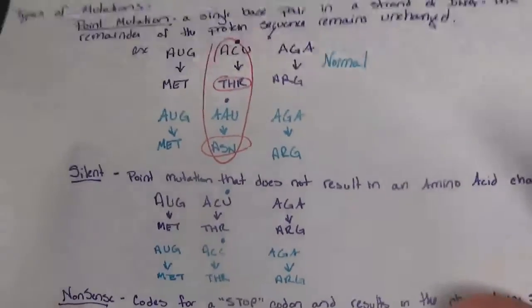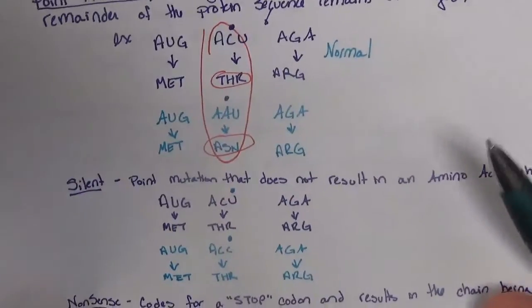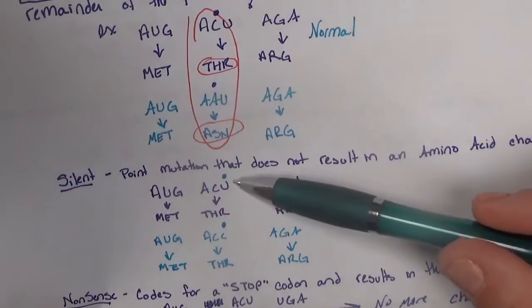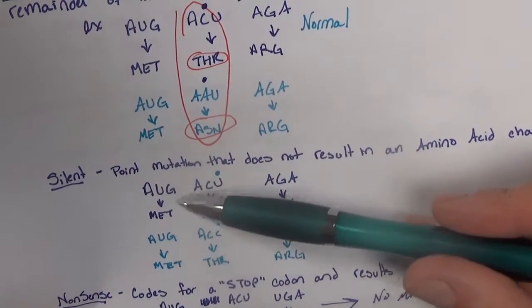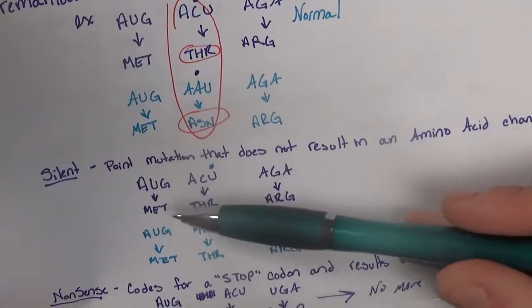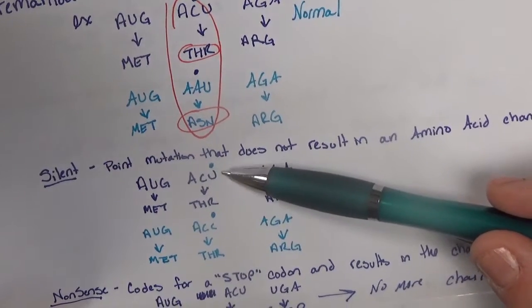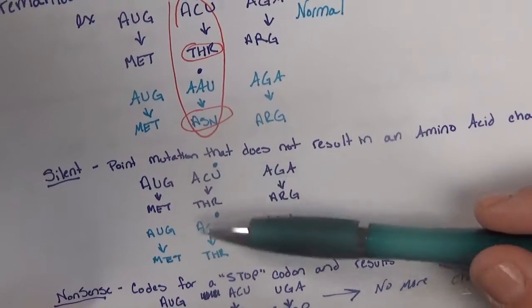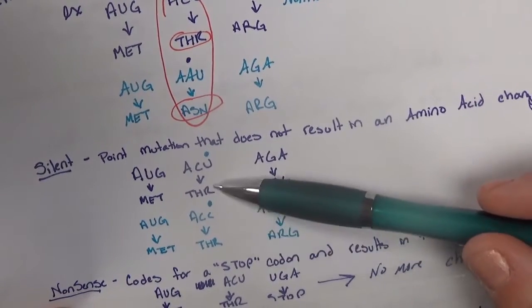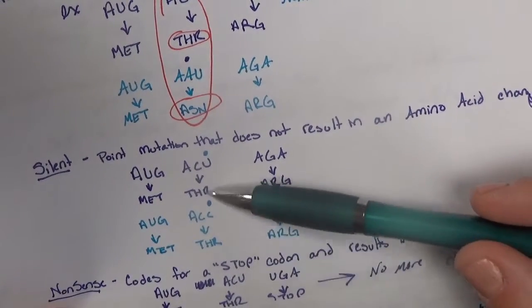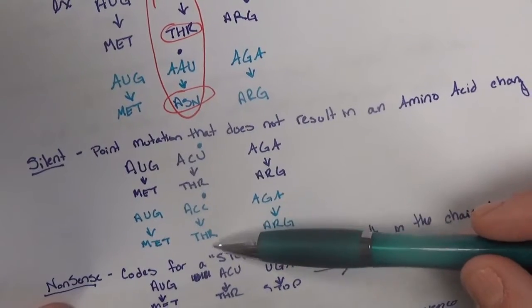Next up, we have a silent mutation. These are more likely to occur if the mutation occurs at the end of the codon. Okay, here ACU is what it's supposed to read. Instead it reads ACC. This results in the same amino acid being transcribed for.